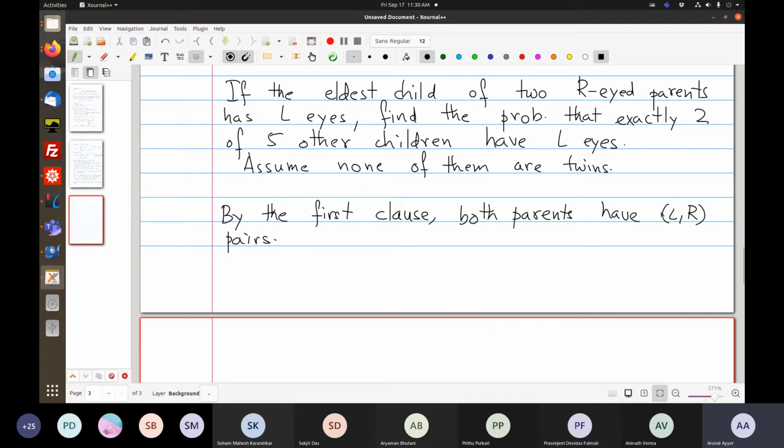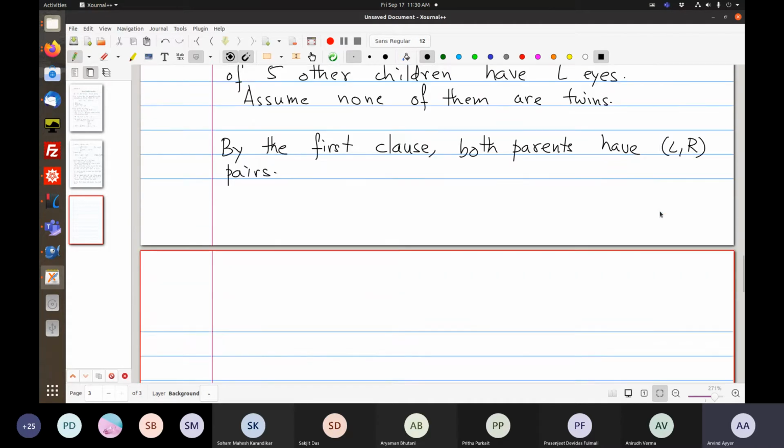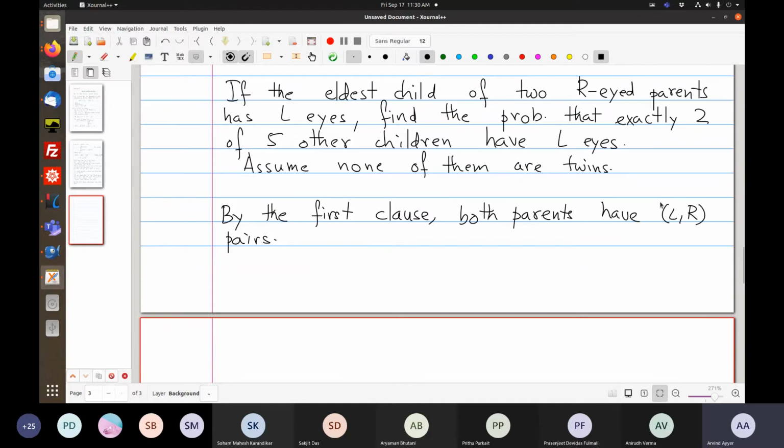Now we have this information. Let us determine the parameters. It's clear from the question that we are talking about some kind of binomial random variable, since we are asking the probability of 2 out of 5 having something.